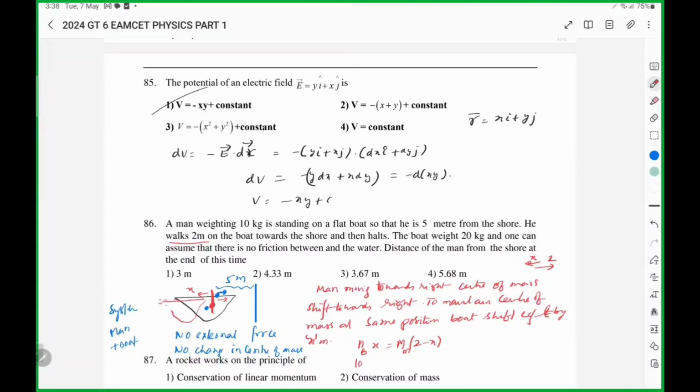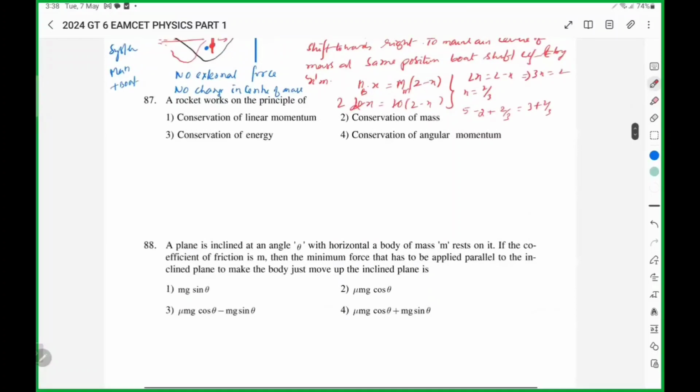So the mass of the boat is 20, 20x equals 10 into (2 minus x), so 2x equals 2 minus x, 3x is 2, x is 2 by 3. So the distance of the man from the shore: actually he initially moves towards the right by 2 meters, but the boat shifts by 2 by 3. So 3 plus 2 by 3 meters from the shore, that is 3.67 meters.